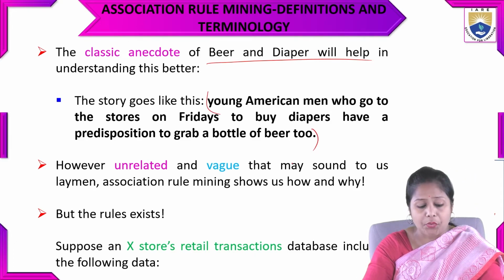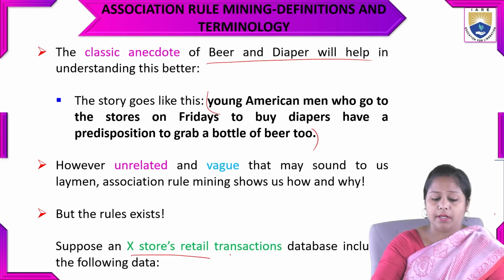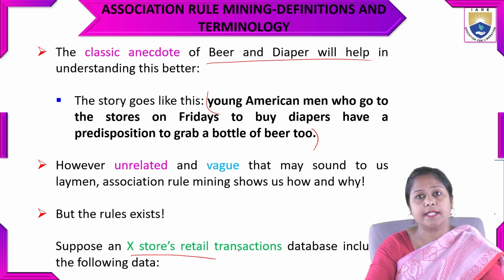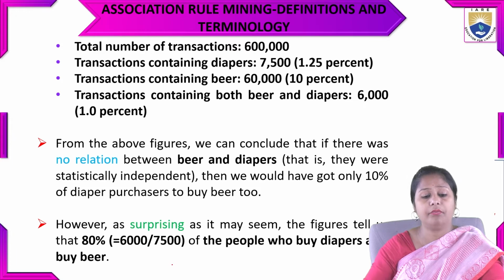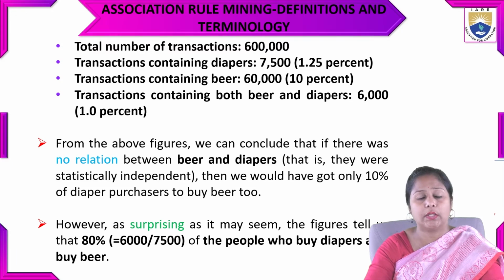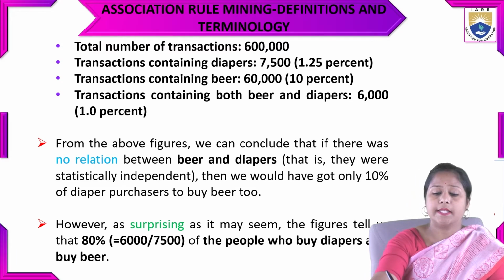Now suppose an X store's retail transactions database includes the following data. The total number of transactions is 6 lakh.